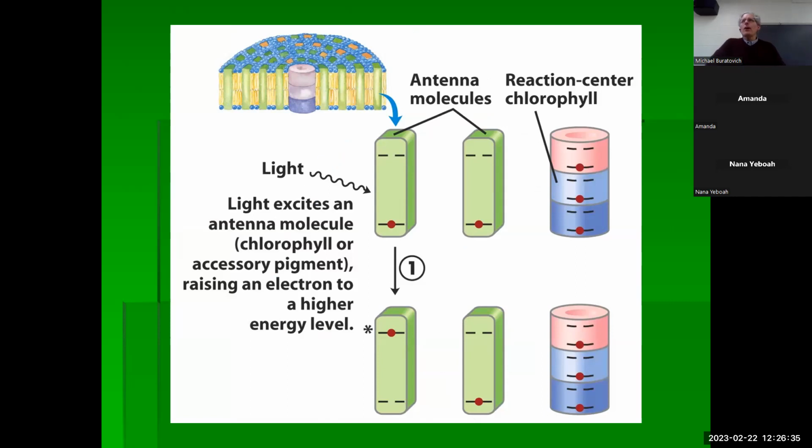And the chlorophyll, which normally is a really lousy reducing agent, is converted from a lousy reducing agent to a pretty good reducing agent. And it's able to reduce the next thing in the reaction center until it gets to the bottom. When it gets to the bottom, that particular molecule will accept that electron and become negatively charged.